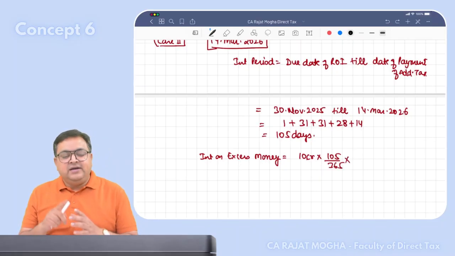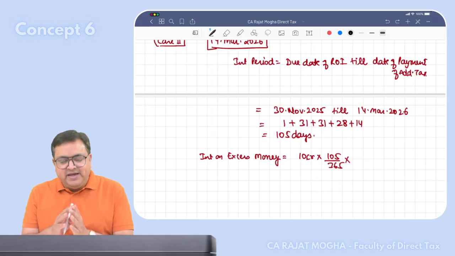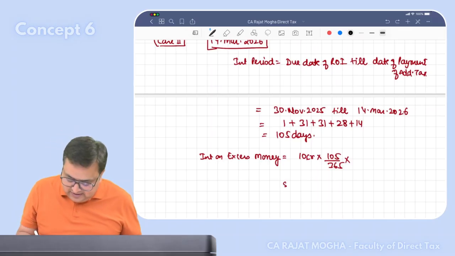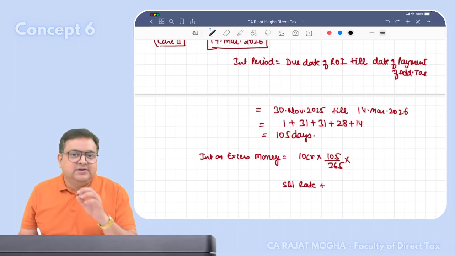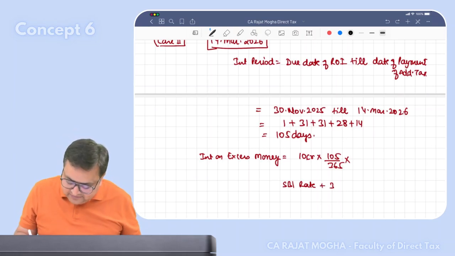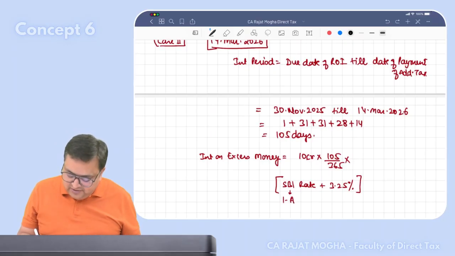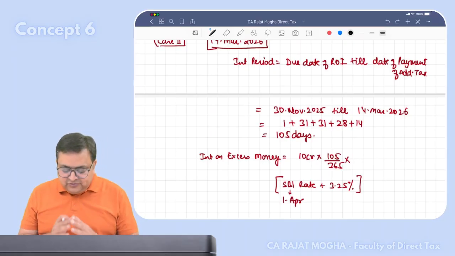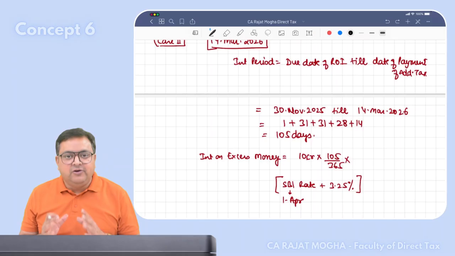Please tell me which rate? SBI rate plus 3.25%. Now understand, guys, which year's SBI rate we have to take. This is important. 1st of April of what year?